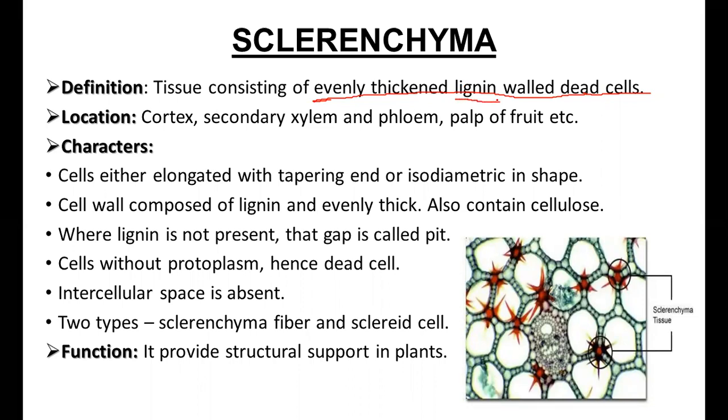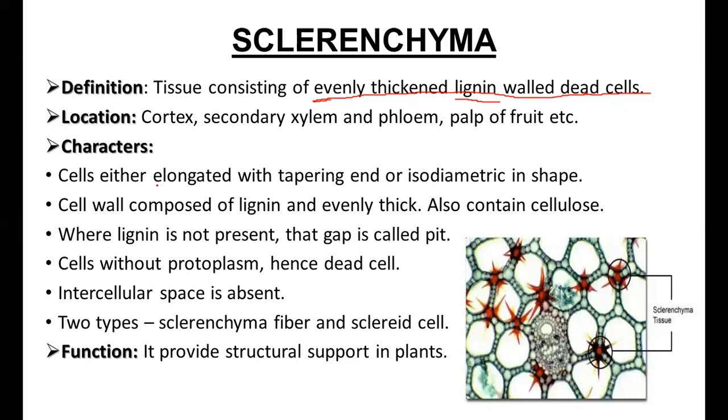So lignin is the only material present in the sclerenchyma cell, and by having lignin, sclerenchyma cells become dead, because living cells need cellulose in their cell wall, but lignin is a completely stiff material. It cannot pass any material or any molecule through it, so that means the cell becomes dead. So these are the basic characters of sclerenchyma: the cell wall should be lignified and the cell should be dead.